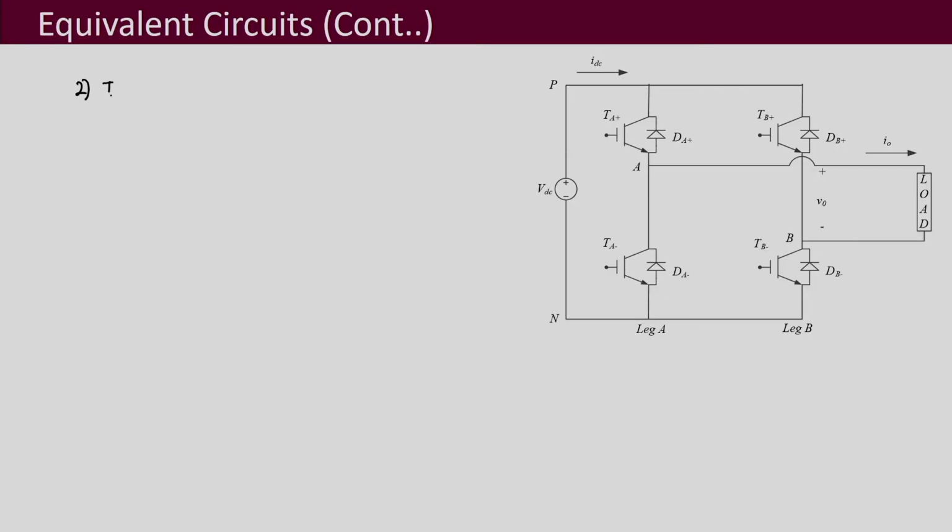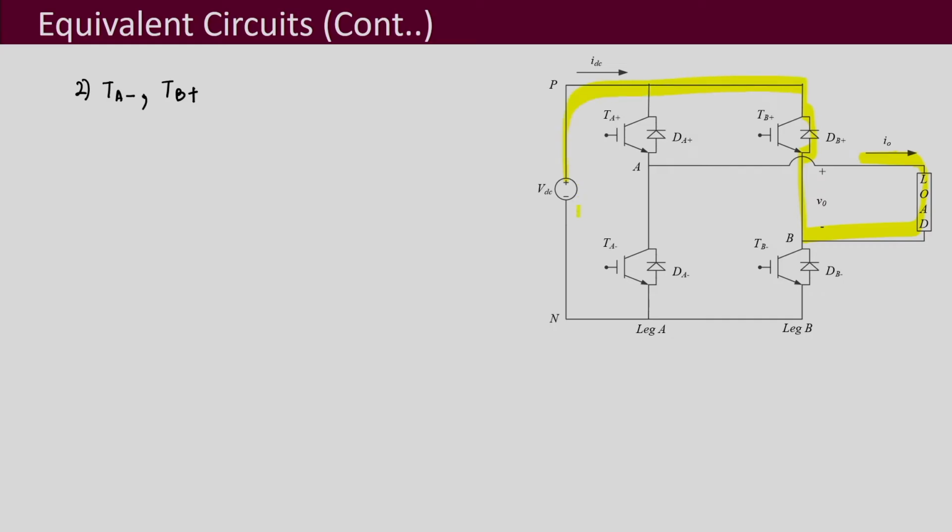Next, see the second equivalent circuit for the second switching combination, which is the other two diagonal devices TA minus and TB plus. Now, let us say this is the direction of the current. So, this transistor is on. If this transistor is on, the current is positive, it flows like this, and it has to then be conducted by the diode.